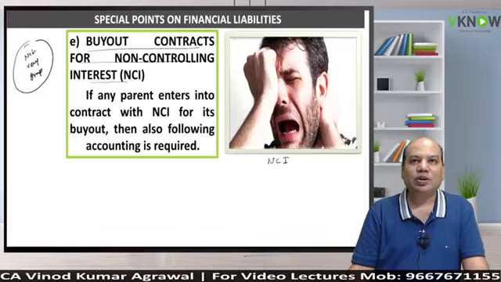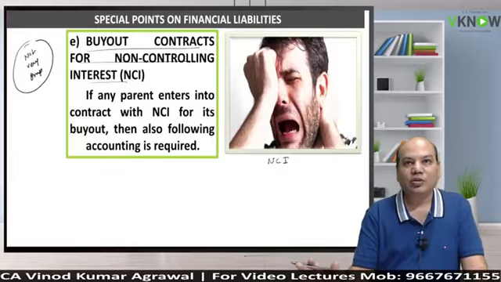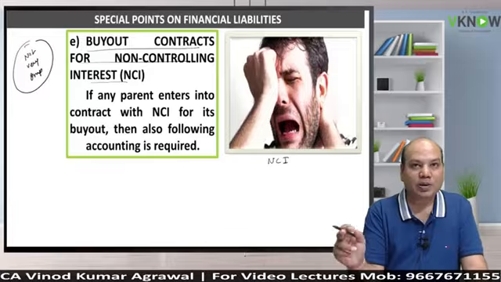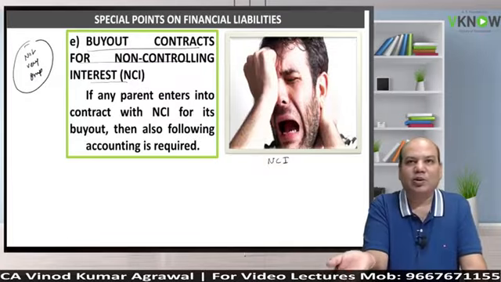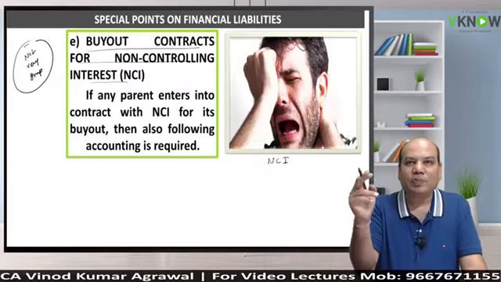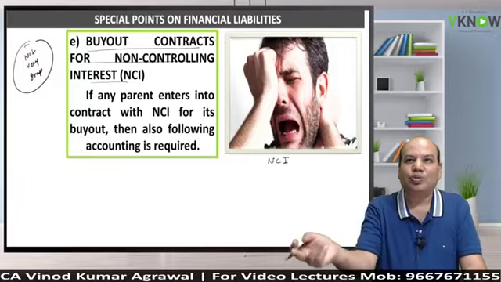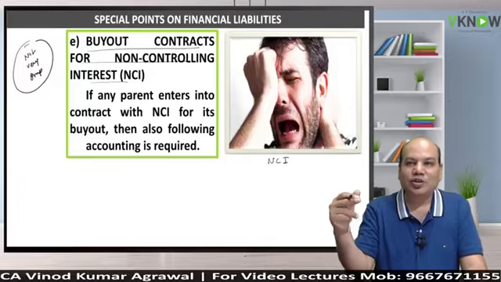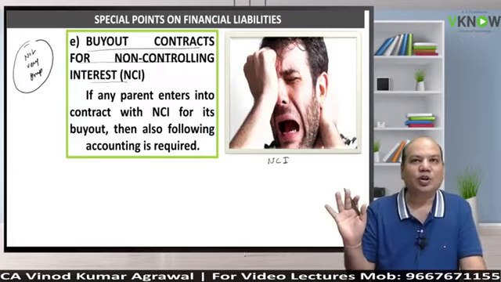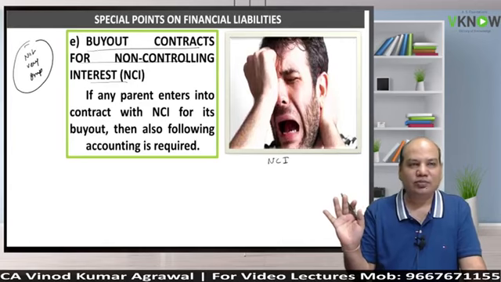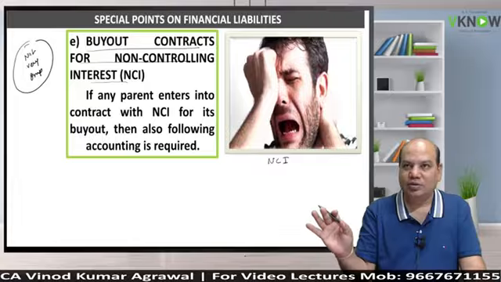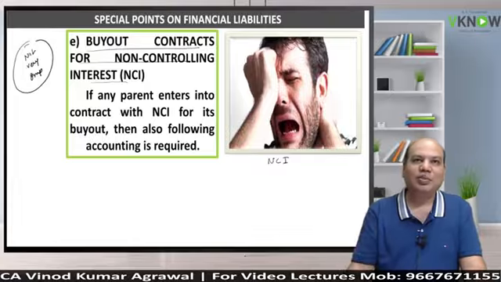Because otherwise he may think that I got stuck. This company may not perform and my money or investment will get locked. Like in the earlier example, buyout obligation, where you give a commitment on your own share, here the parent company is giving a commitment to acquire the shares in the subsidiary company from an NCI. Parent is telling this NCI, don't cry, I will buy out your stake in the subsidiary.